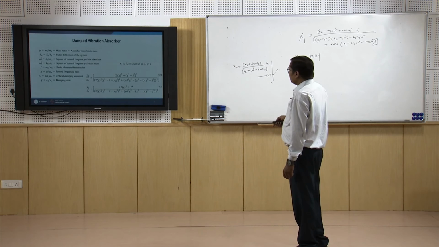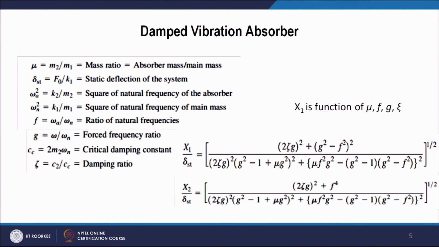So these parameters we can define like mass ratio, mu equal to m2 by m1, delta st, omega a, omega n, f, g, cc and zeta, and we can express these equations in these terms. So we can write the same equation of x1 in terms of these parameters, that is mu is the mass ratio, m2 by m1, m2 is the mass of absorber and m1 is the mass of the main system.